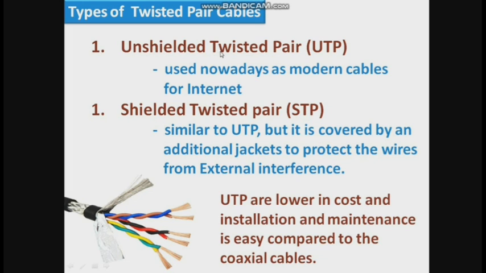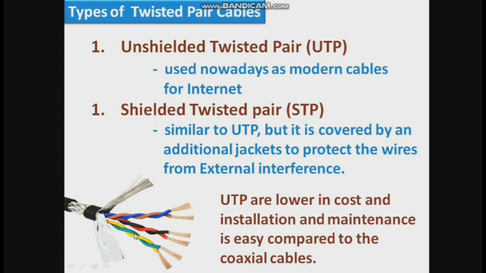UTP, that is unshielded twisted pair cable, is generally used nowadays as modern cable for internet. UTP is especially used to connect LAN computers. Shielded twisted pair, STP, is similar to UTP, but it is covered by an additional jacket, additional insulation, to protect the wires from external interference.